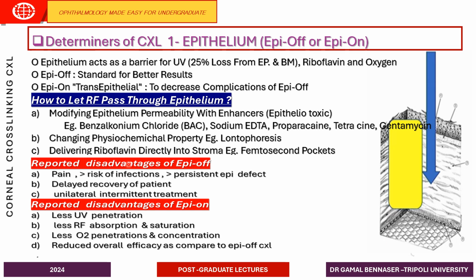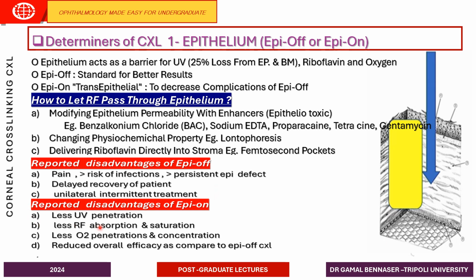Also the delayed recovery of the patients, because he will need to follow up with the doctor for complete healing of the epithelium, and also the perceived haze after the procedure. Also you cannot do the two eyes at the same time, and you need a major theater to do this procedure to avoid the risk of infections. So you need to do one eye, and after 2 or 3 months you do the other eye, unlike in the epithelial on technique.